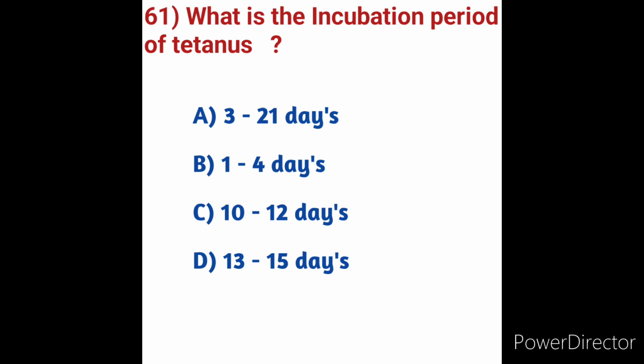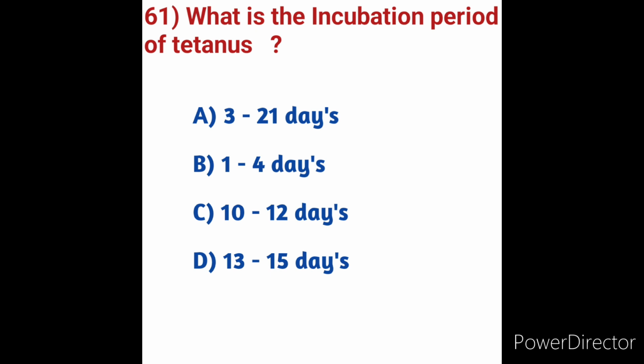Here, the incubation period for tetanus is usually between 3 and 21 days, average 8 days. However, it may range from 1 day to several months depending on the kind of wound, most cases occurring within 14 days.